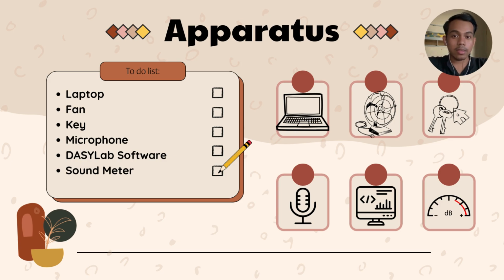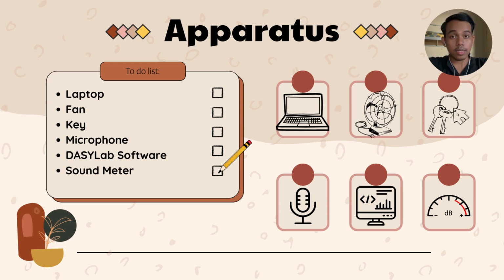To record the sound, we use a mini microphone. It has a sensor that is used to record the sound from the source. And to compute the recorded sound, we use the DaisyLab software.